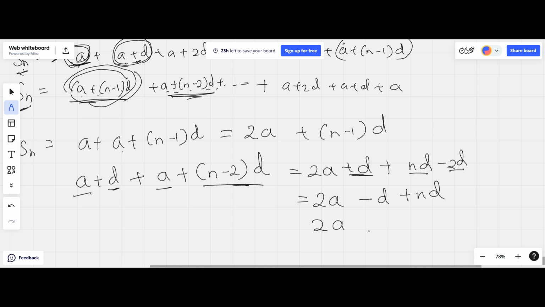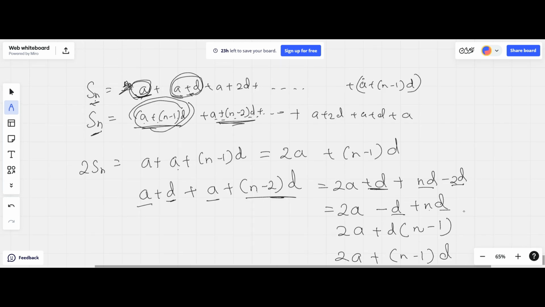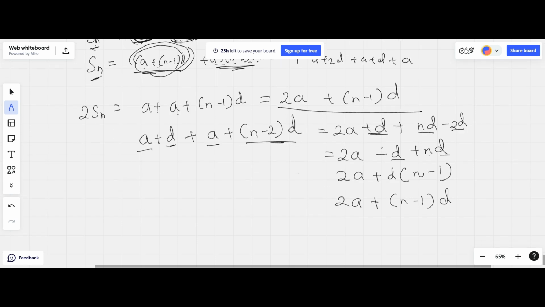So here also d, here also d, so we'll take d as common: d into n minus 1. So we can write this as 2a plus n minus 1 into d. Here also you get 2a plus n minus 1 d.